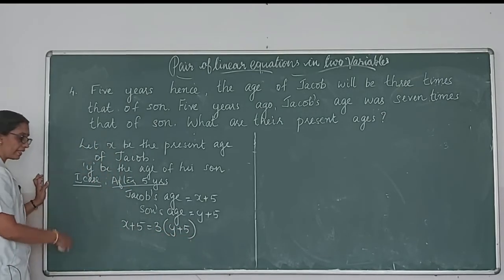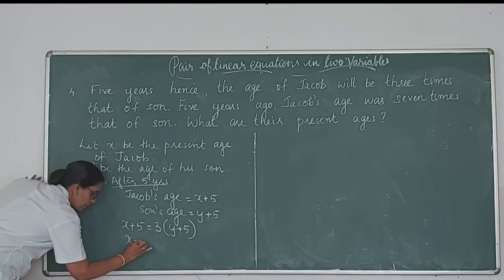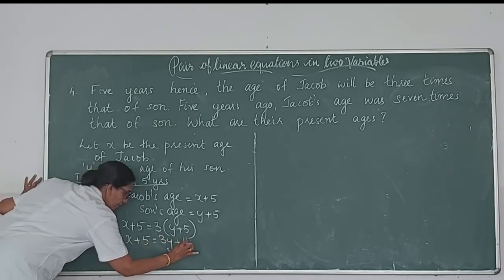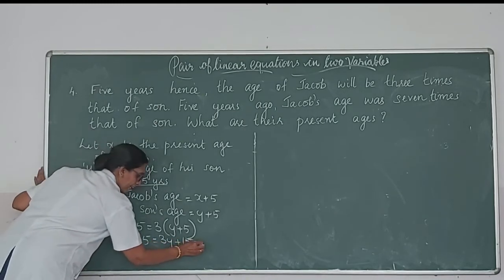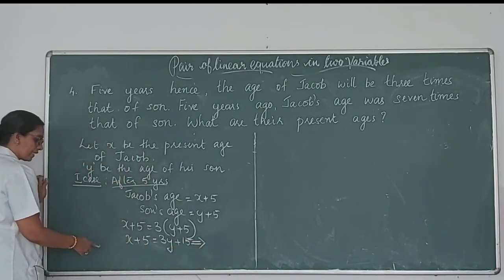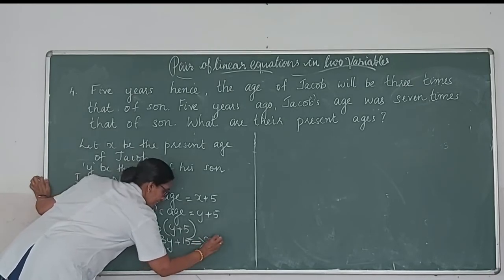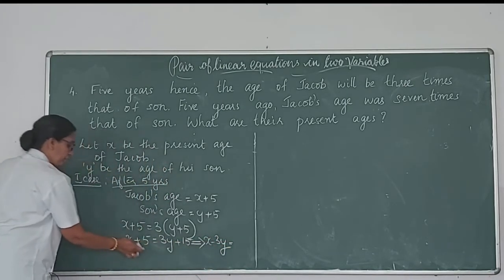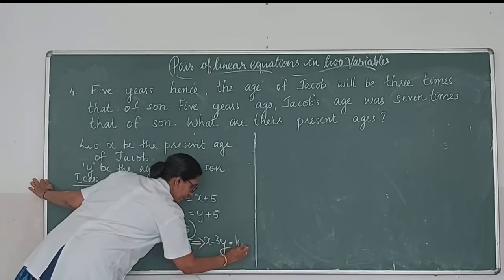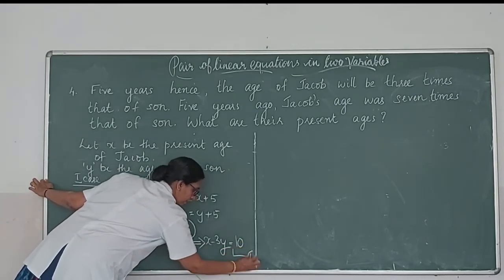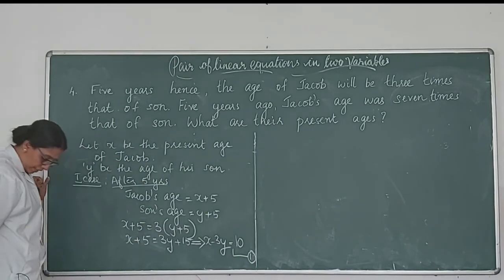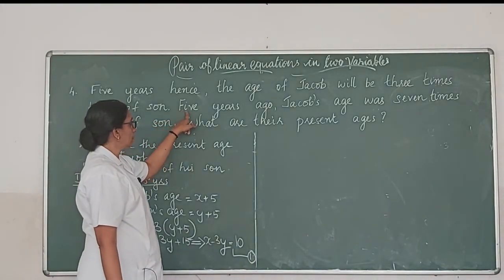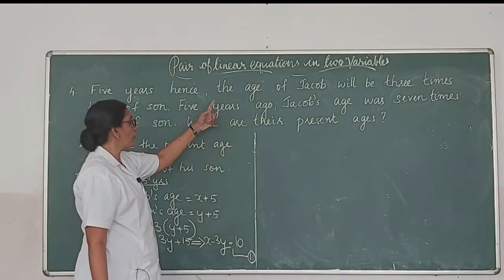Now we can rearrange x plus 5 equal to 3y plus 15. It gives, what is the equation? x minus 3y equal to 15 minus 5, it is 10. Equation 1.